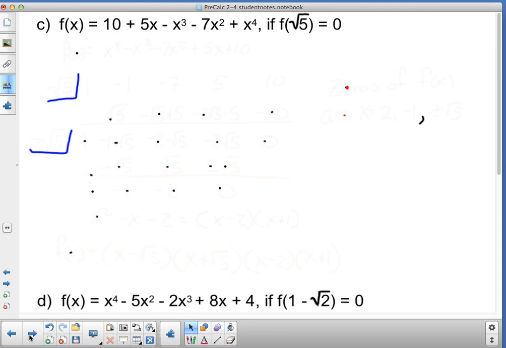So if I have the square root of 5, I also have the negative square root of 5, because if the coefficient is an integer, the only way to avoid an irrational number on the leading coefficient is to multiply by another square root of 5 to bring it to a rational real number. So if I'm working with polynomials with integer coefficients, they happen in pairs.